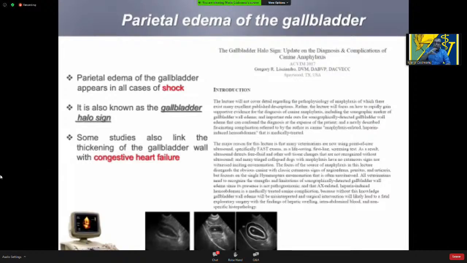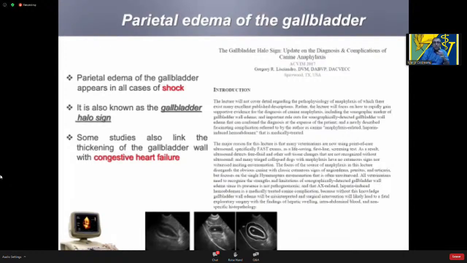It's important to notice that when you see, in patients presented for general evaluation, for emergency conditions, or for a lot of other medical conditions, presented for ultrasound examination, the wall edema, the parietal edema of the gallbladder, it's important to have in mind that this edema of the gallbladder wall is registered in all shock situations, in all decompensated cardiac failure, and in many immune-mediated diseases.